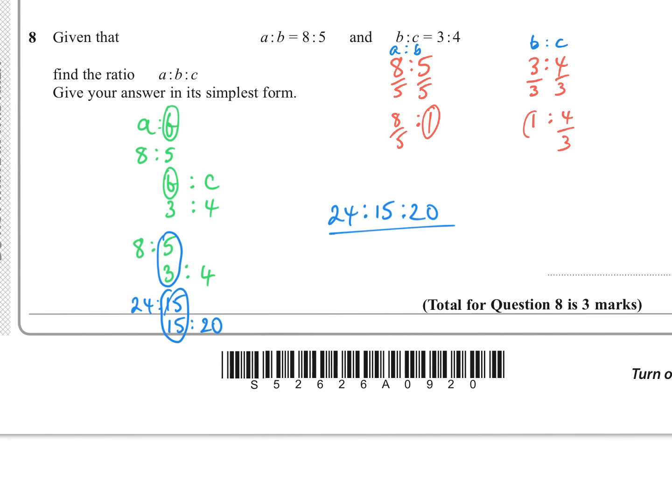Now these parts match, so 8/5 to 1 to 4/3 would be a partial answer, but we want to give the ratio as a whole number because the 1 is the linking part of the ratio because they're both the same, they both represent B. So we'd have to times everything through by the lowest common multiple of 5 and 3, which is 15, which would link in nicely to what we had before.